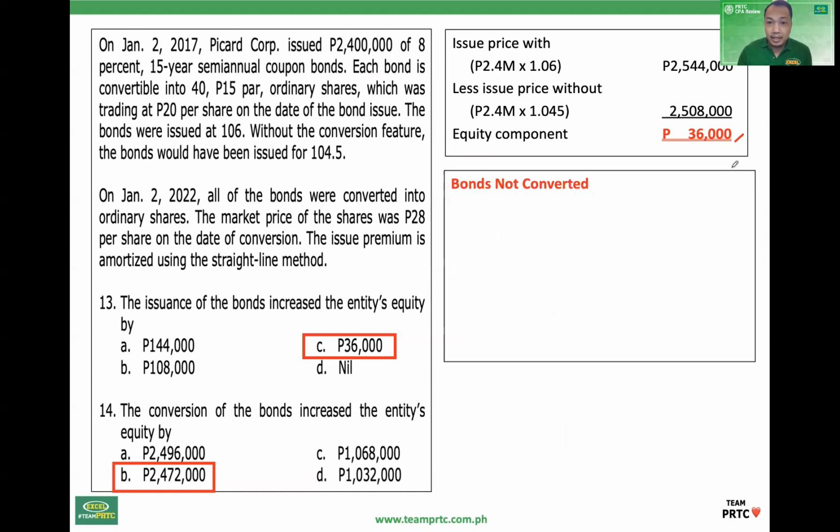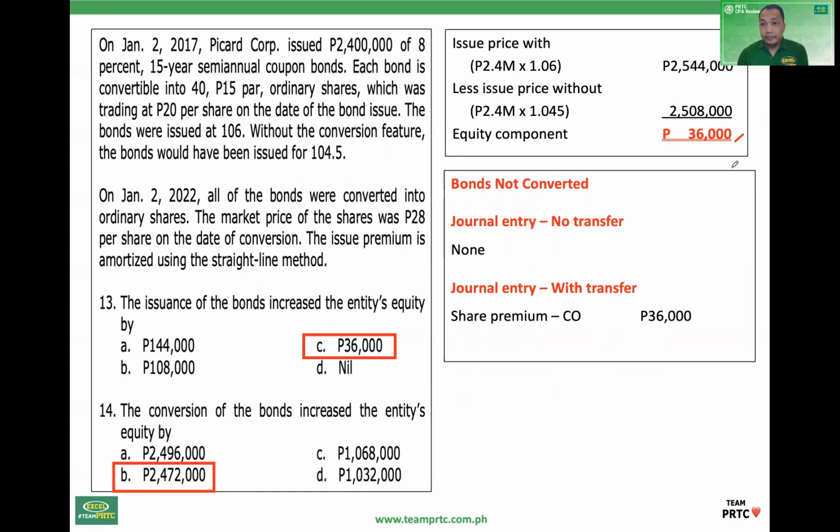Again, it depends on whether with or without transfer. If no transfer, no entry needed, so it will remain as an equity component. If with transfer, we cancel the option and credit share premium, expired conversion option, just to highlight that it has expired. So what is highlighted here?